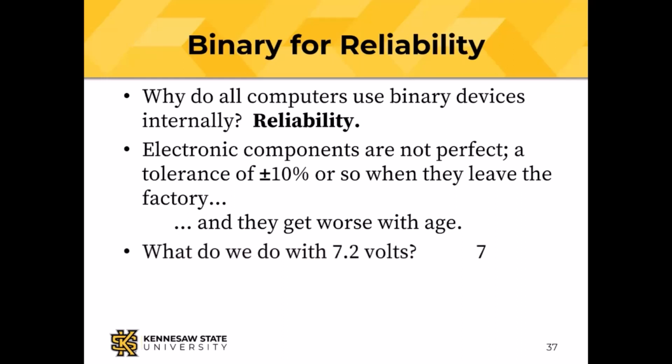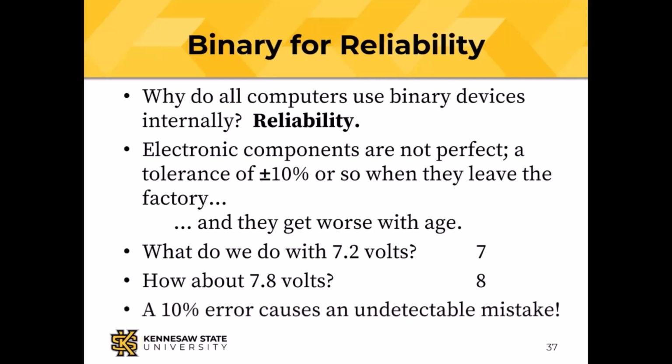Okay, so in this hypothetical decimal computer, if I read a signal of 7.2 volts, I'm probably going to call that a 7, right? It's not exactly 7.0, but I'm probably going to call it a 7. If I get 7.8 volts, I'm probably going to call that an 8. What do I do with 7.5?